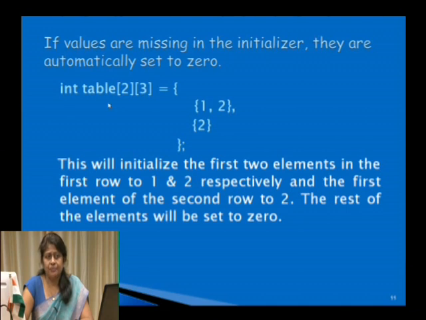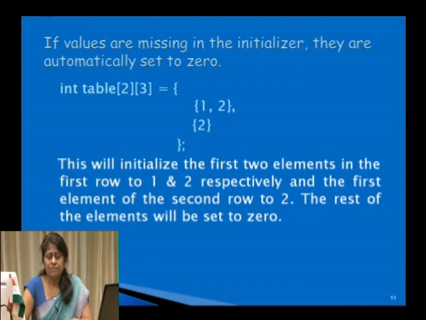As you see, we have a 2-dimensional array called table, of data type integer, which consists of 2 rows and 3 columns. And here, as I told you, if we put values inside braces like this, it means that this is the first row, and followed by another brace like this, it would be the second row elements.